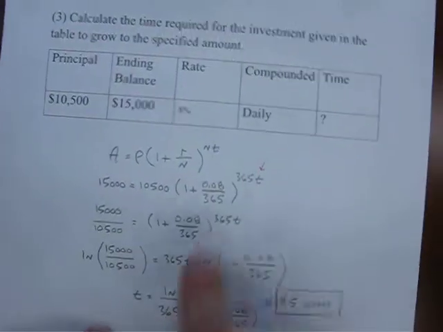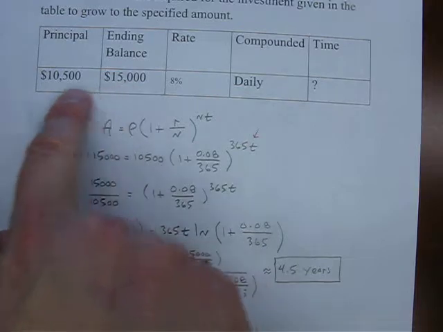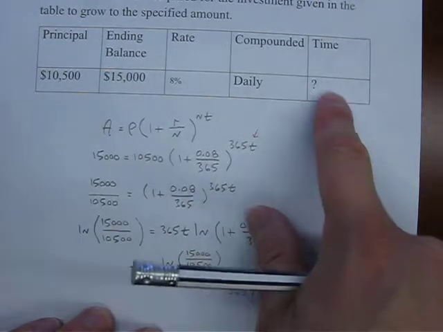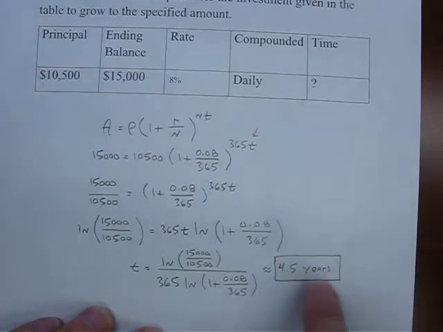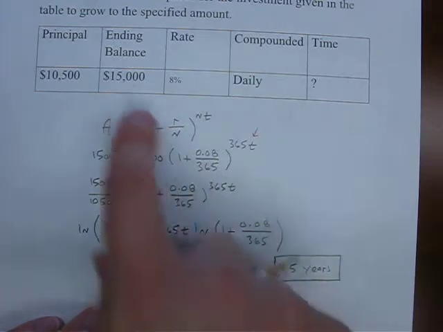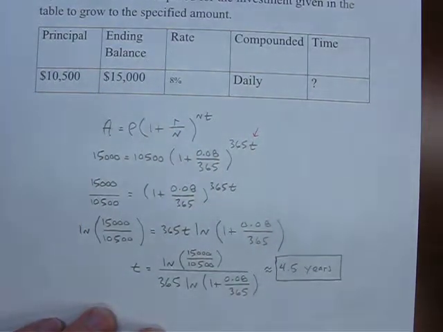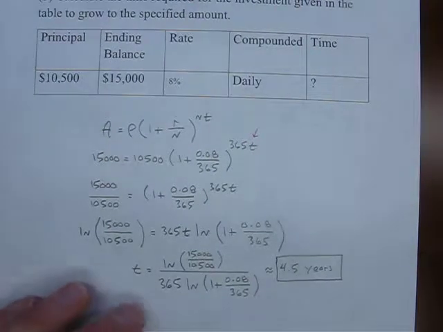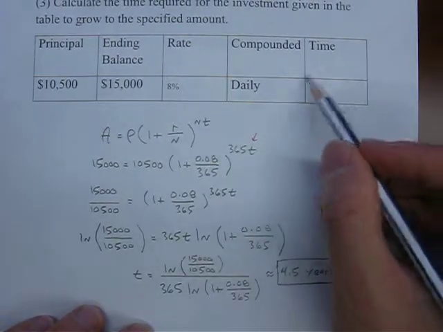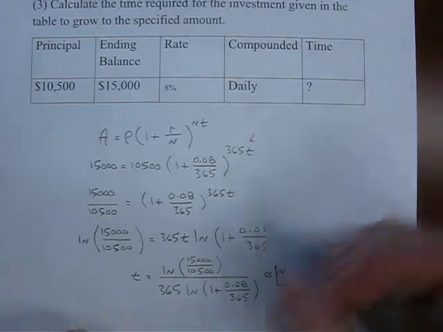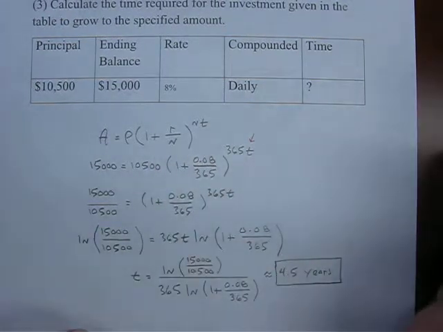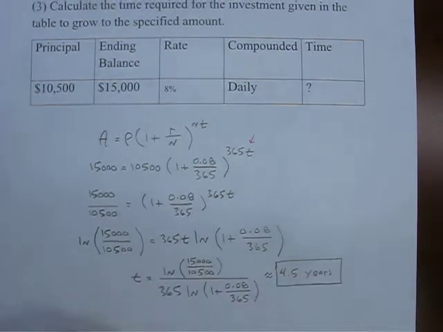We're going to have to invest that amount of money for 4.5 years for it to become that. That's how long it's going to take. Any problem where we're solving for the time, we can take the same strategy and do it that way. All right. Okay, so let's see another one.